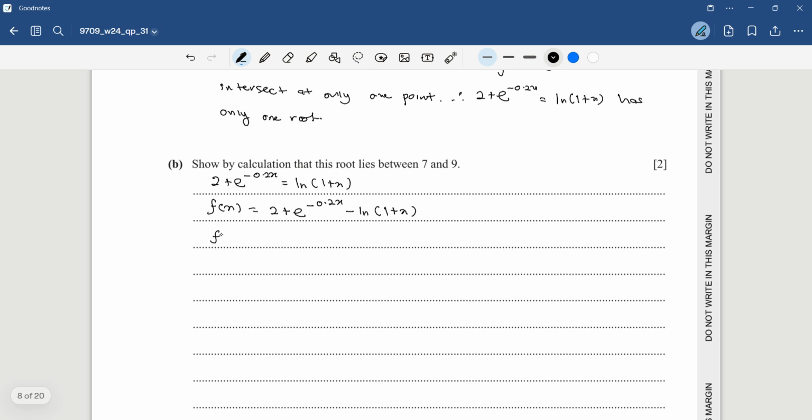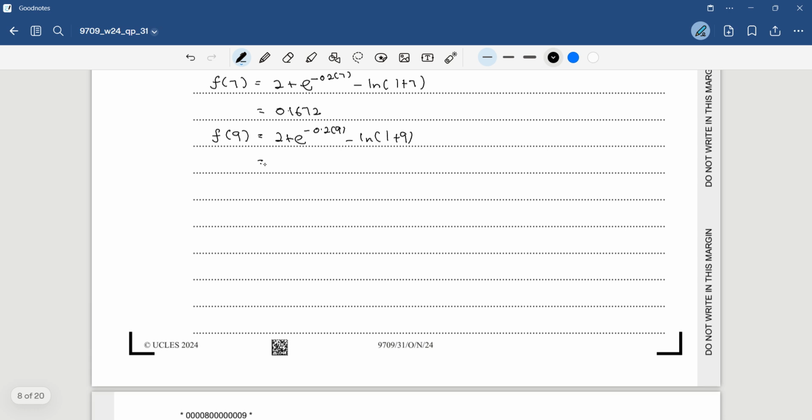So f(7) will be 2 plus e to the negative 0.2 times 7 minus ln(1 plus 7). So you will get 0.1672. And for f(9), similar process, 2 plus e to the negative 0.2 times 9 minus ln(1 plus 9). So you'll get negative 0.1373.